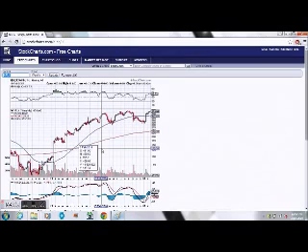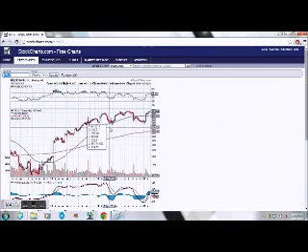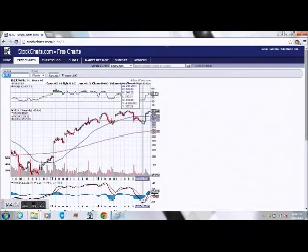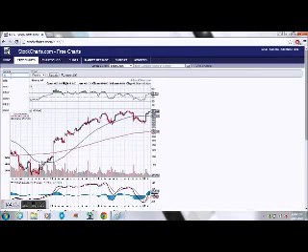So if you're betting on the stock to go up, so you take the long position, you don't want to get in a stock that's going down. You want to get in a stock that's trending up. As you can see, it's trending up. That would be a good thing.